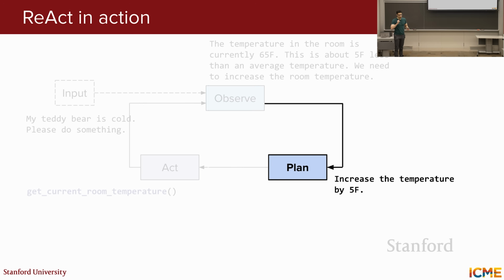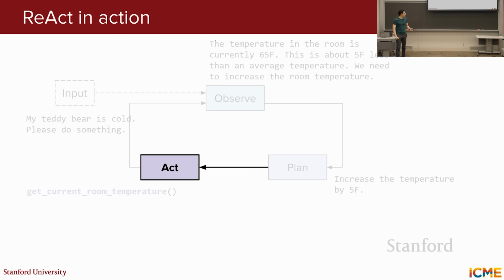And then at the plan stage, you think, this was colder than expected, so I need to increase the temperature. And then you go back to the act stage. Luckily, I know how to increase the temperature, and there is a function that takes a temperature increase argument.